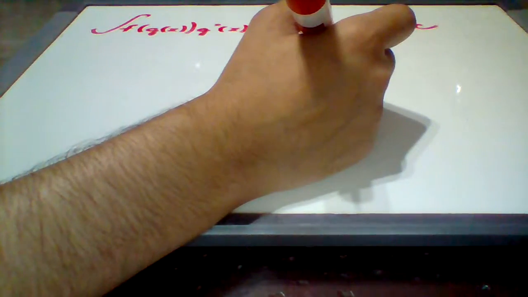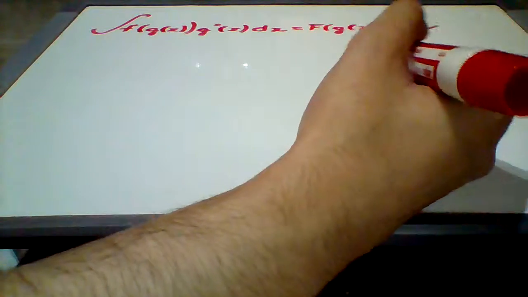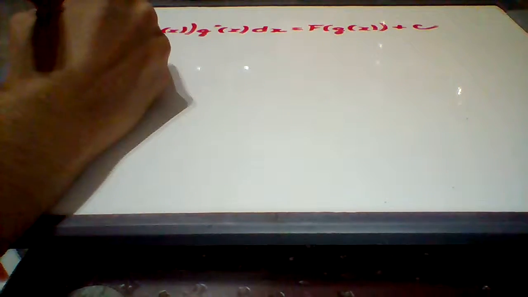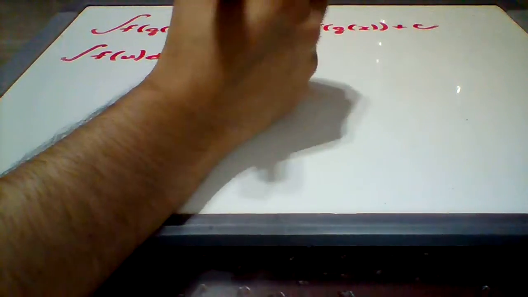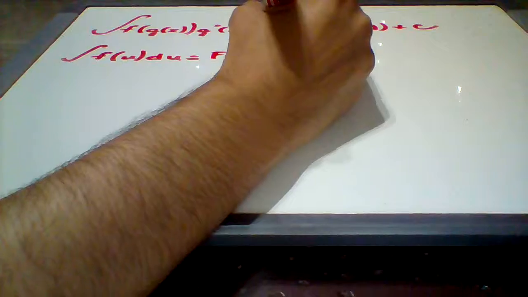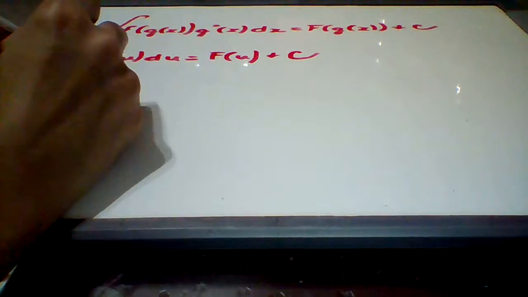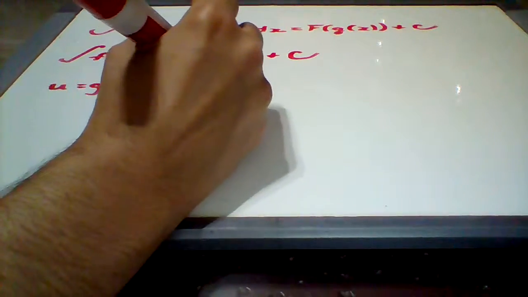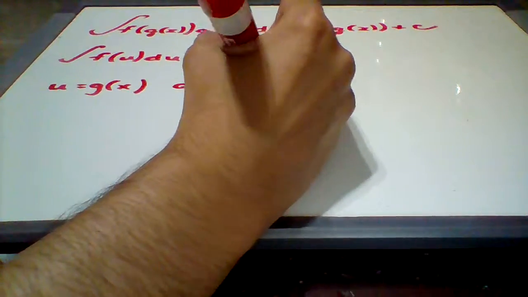And when letting u equal g of x, gives du equal g prime of x, and then the integral of f of u du is equal to F of u plus c, where g of x is equal to u.